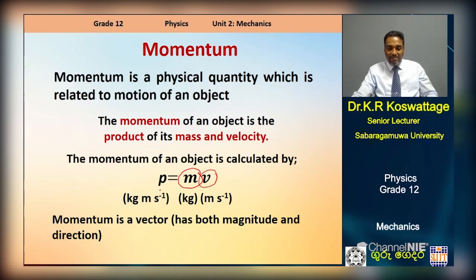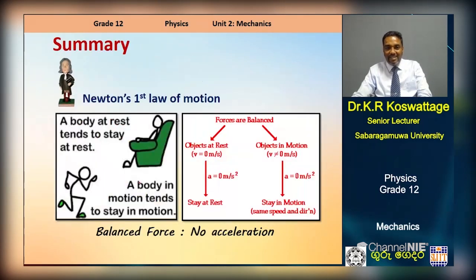We normally denote momentum by p, then p = mv is the equation. Momentum is a vector, having both magnitude and direction. So this is the idea of momentum, a physical quantity related to the motion of any object, which is the product of mass and velocity.